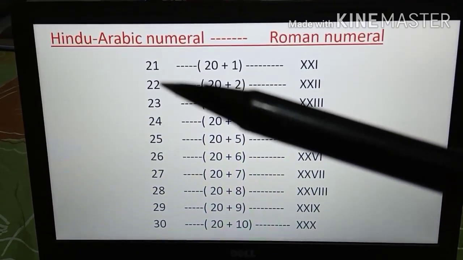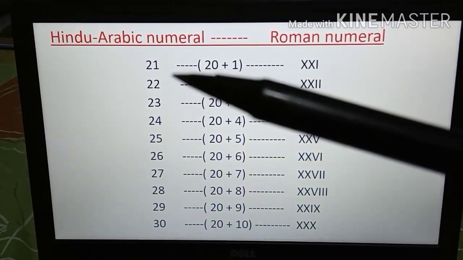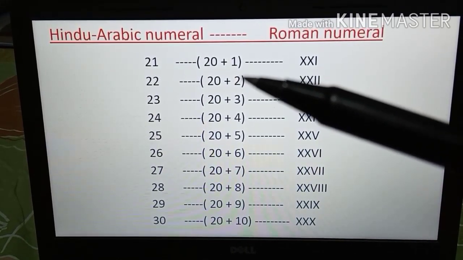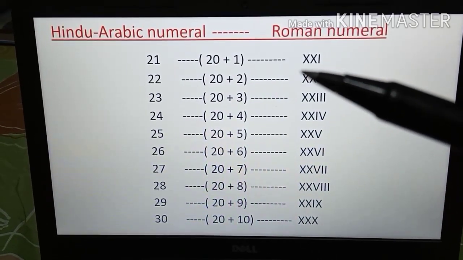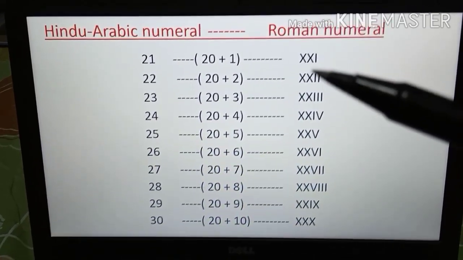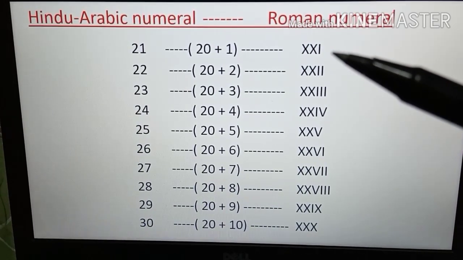Now we have to write 21 in Roman numerals. So 21, how do we break it? It's 20 plus 1. The Roman numeral for 20 is XX, that is 10 plus 10, and for 1 we write capital I, that is XXI.